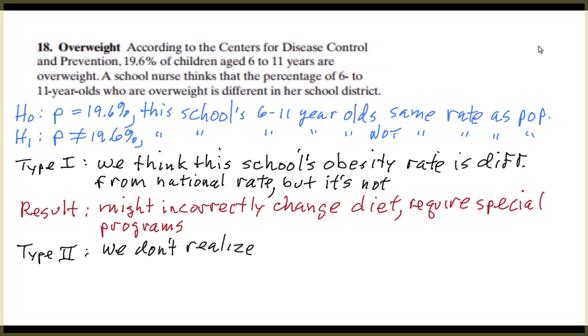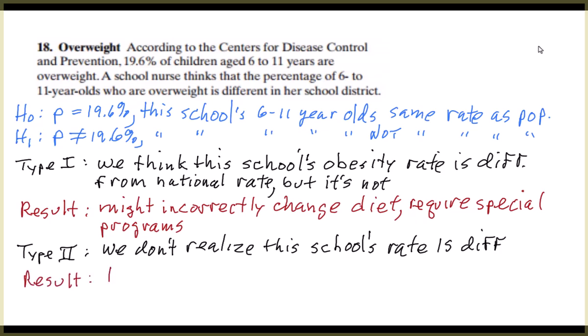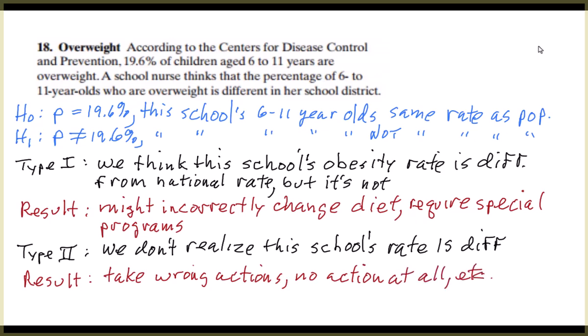Type 2. The null really is false. This school is different. Ramifications. So what if the kids at our school, their weight is perfectly healthy, but these tests come back and say, no, they're overweight?